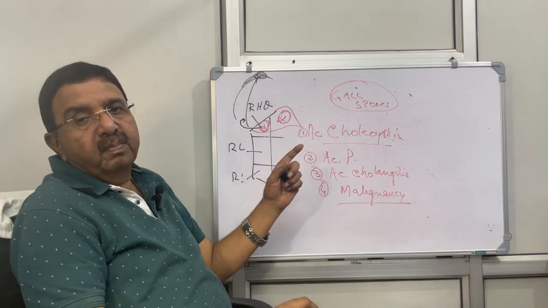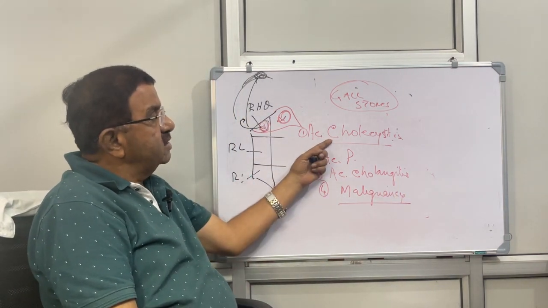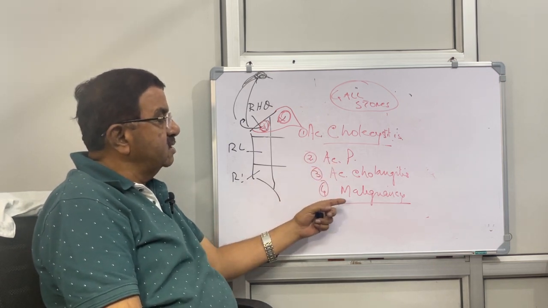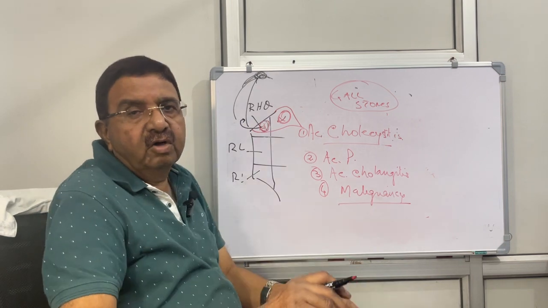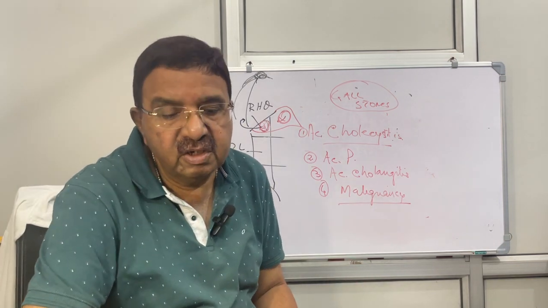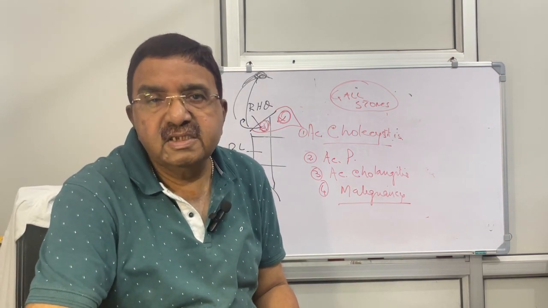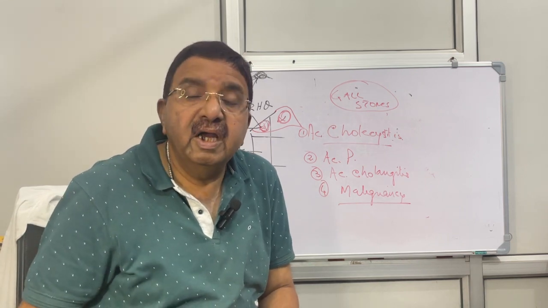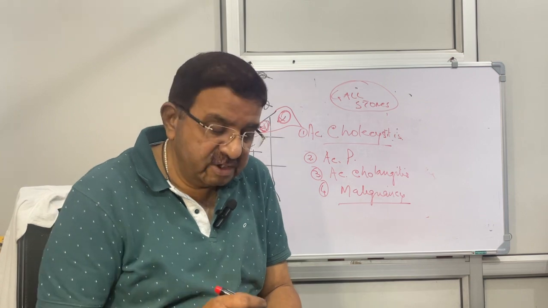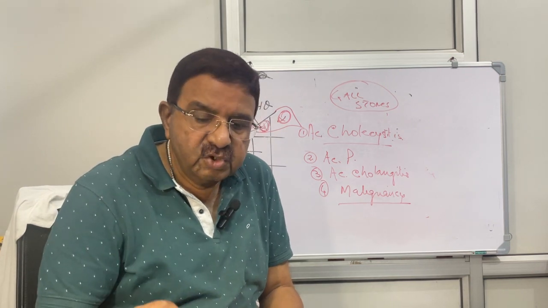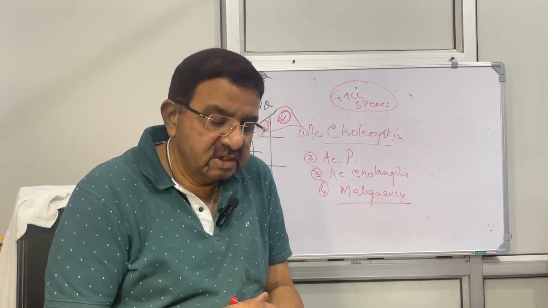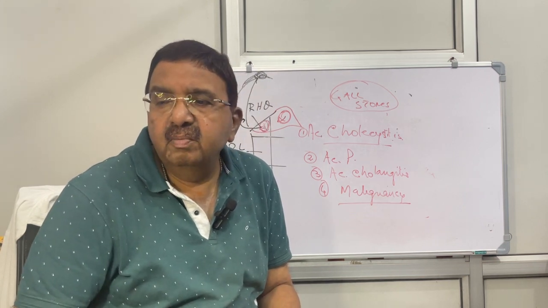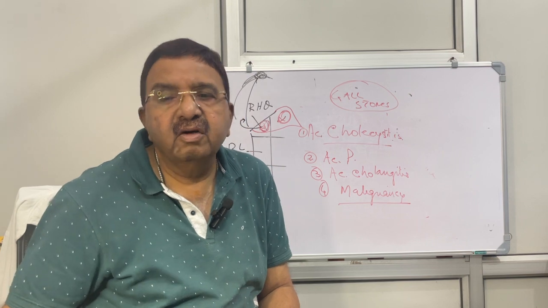So these are 4 complications: acute cholecystitis, acute pancreatitis, acute cholangitis, and malignancy of the gallbladder if the patient doesn't opt for cholecystectomy having gallstones. So I personally advise all the patients of gallbladder stones to undergo surgical removal, so that all the complications can be taken care of.